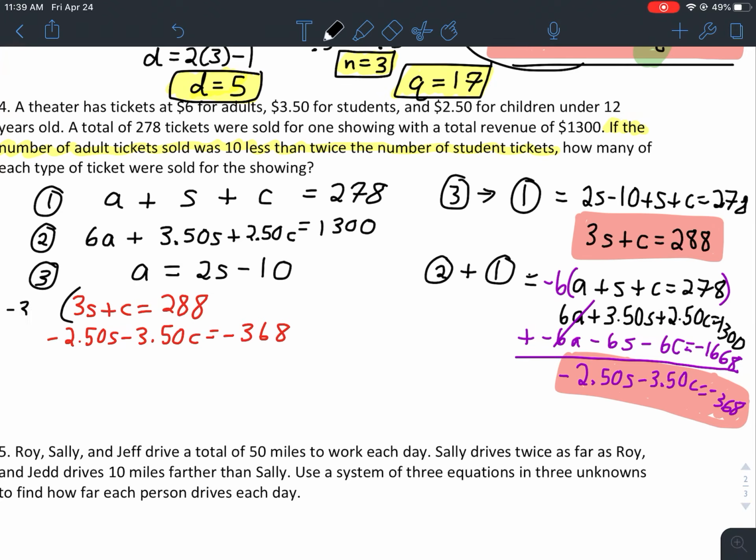Probably multiplying the top by negative 350, because then the C's will eliminate. So the first thing we have to do is distribute 3 times negative 350 would be negative 1050.